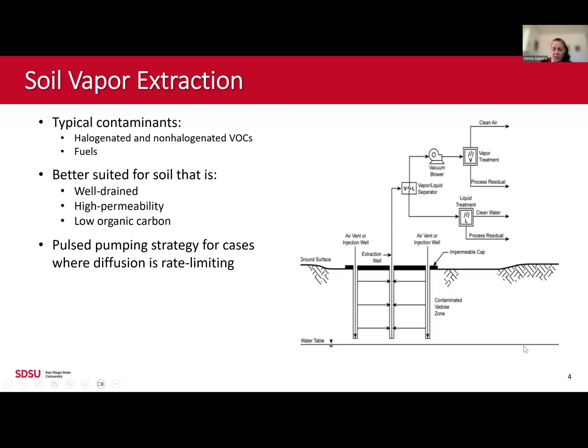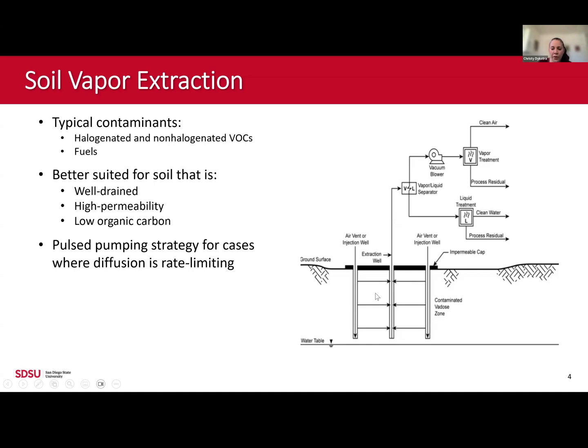So this is going to be better suited for things like soil that's well drained because first of all, if you notice this picture here, the water table is below where we have our contaminant and where we have our wells. And that's purposefully done because if this goes into the liquid down here, then we don't have that empty pore space where the gases can flow through, because the pore space below the water table is going to be filled with water.